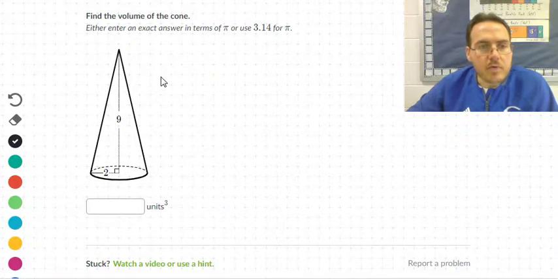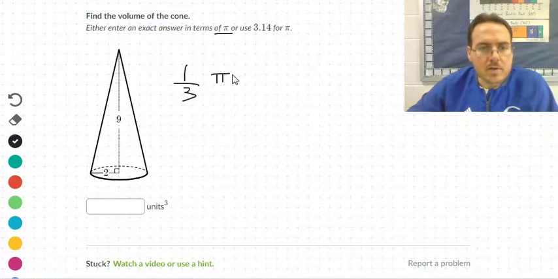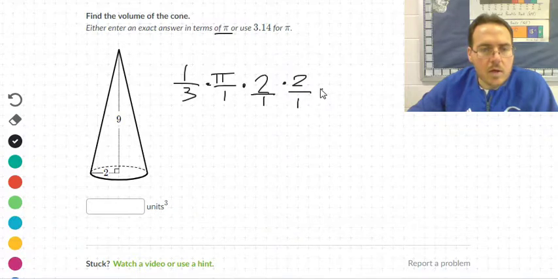Find the volume of the cone. Enter the exact answer or in terms of pi, which I'm going to do, instead of multiplying by 3.14. So that'd be 1/3 times pi over 1 times the radius, which is 2, so times 2 over 1 times 2 over 1 times the height, which is 9 over 1.